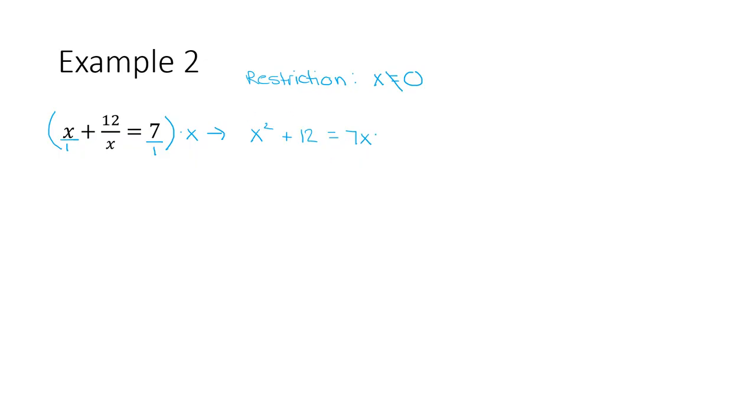I now have a quadratic equation, so I'm going to subtract 7x over to get this set equal to 0. And then I can either graph, factor, or use the quadratic formula to solve. Looking for two numbers that multiply to 12 and add to -7. That would be -4 and -3.